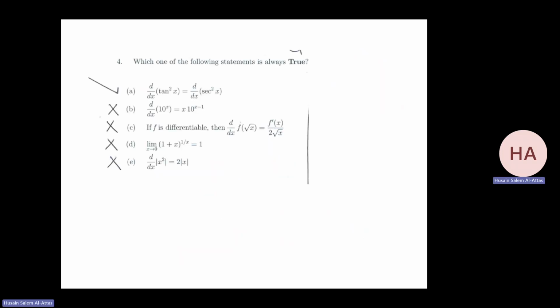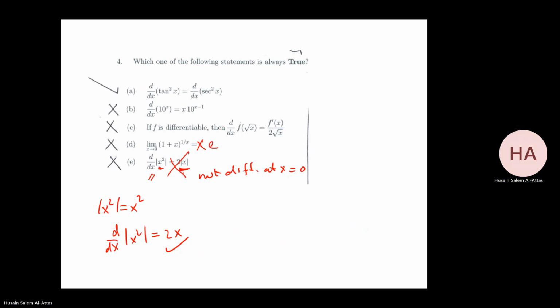Which one statement is true? This is not correct. Why? Because when you say absolute value of x squared, actually this is x squared. So we have no problems. So the derivative will be 2x. What about the derivative of this? This is not differentiable at x equals 0. But this is differentiable everywhere. So this is wrong.